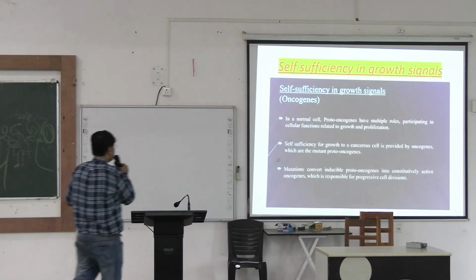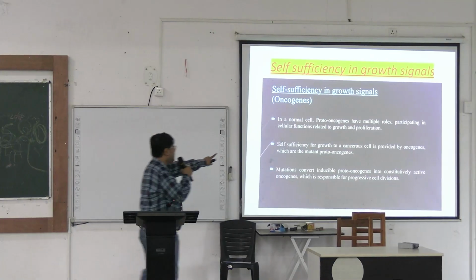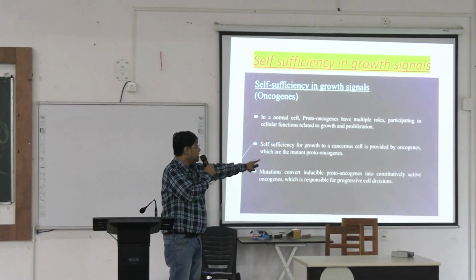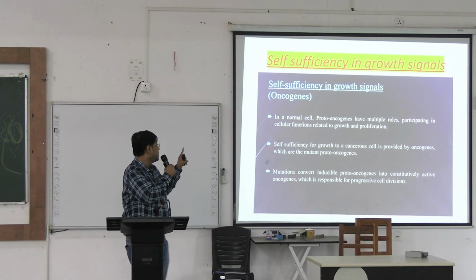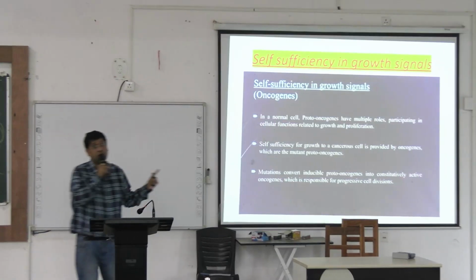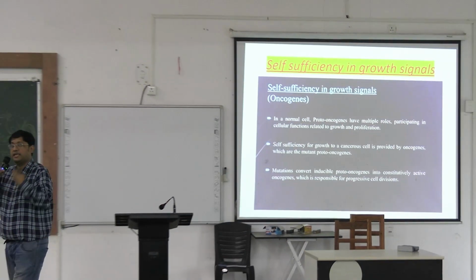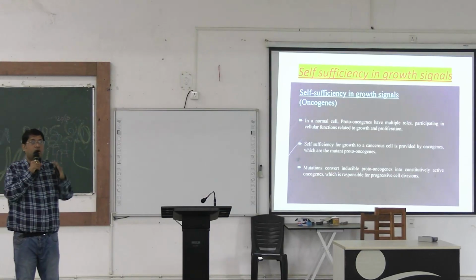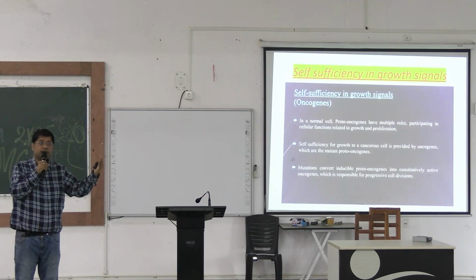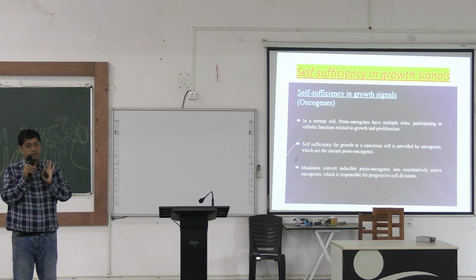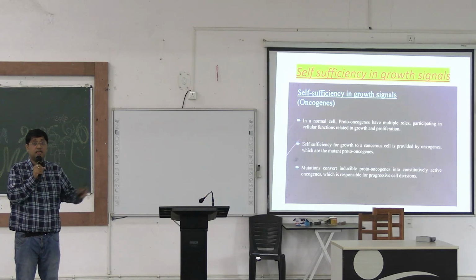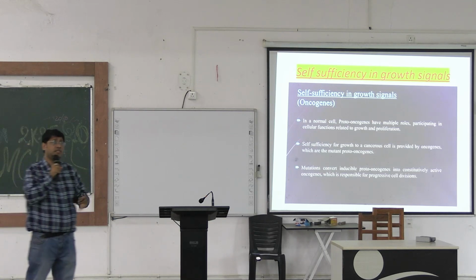What does it cause? Mutations convert inducible proto-oncogenes into constitutively active oncogenes. So the oncogenes are constantly active. In normal cells, the genes are sometimes acting, sometimes in inhibitory mode. But here, due to the mutation, it is constantly active and always replicating.